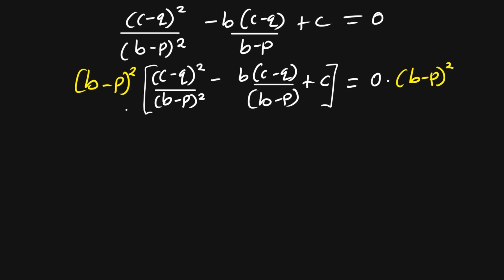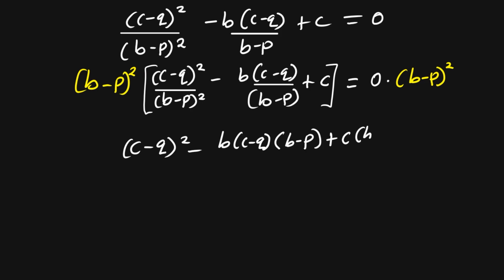So this is the same as (b minus p) squared times (c minus q) squared, minus b into (c minus q) into (b minus p), then plus c into (b minus p) squared equals 0, times anything equals 0.